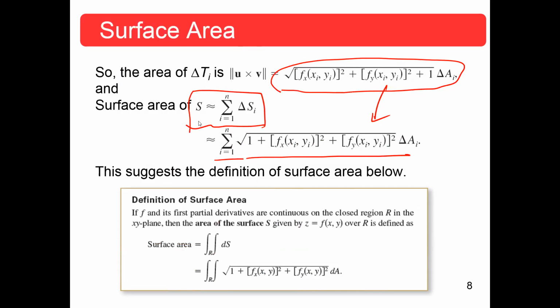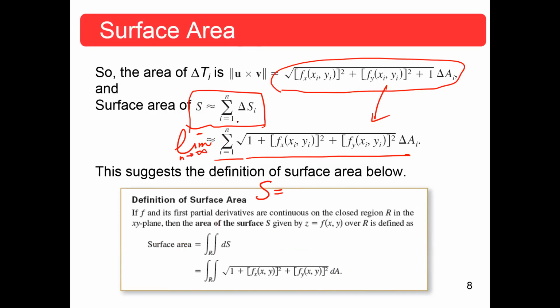And later on, we know this is kind of a Riemann sum, so if you push n to infinity, let's suppose there are infinitely many rectangles of the region R, we can push this to the limit as n approaches infinity, and then this total area of surface S would be a better estimate.